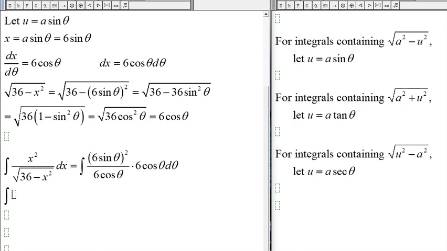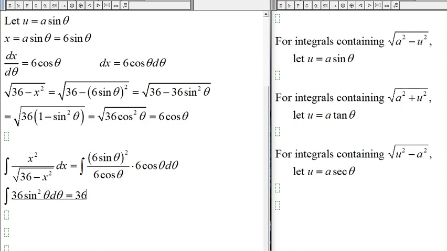And so what's left is just 6 squared, which is 36, and sine squared is sine squared. And again, the 6 cosine theta cancel out.